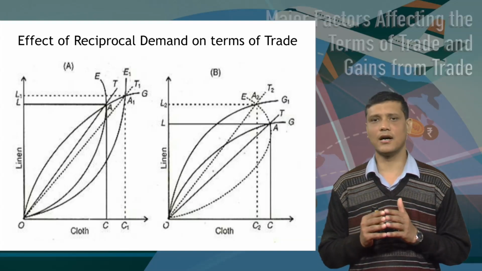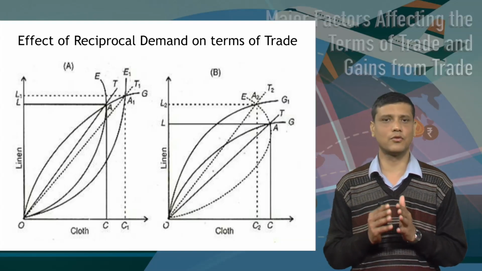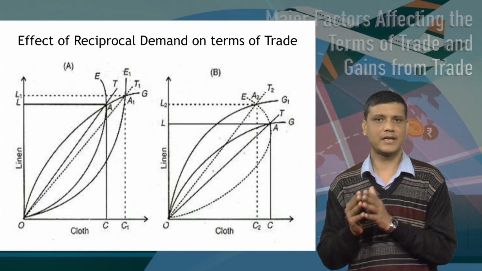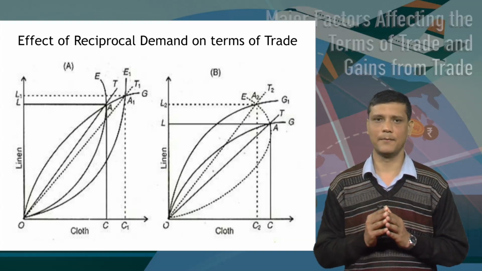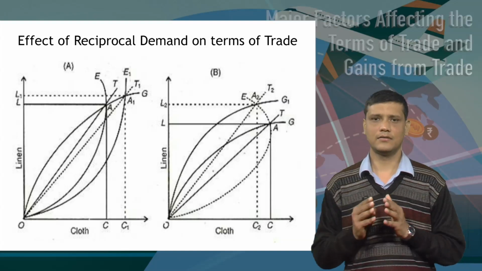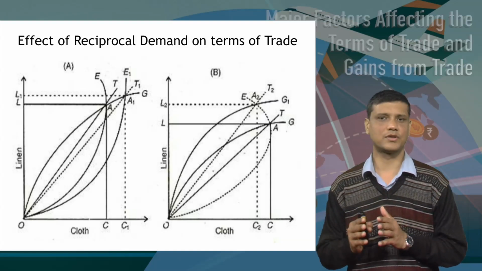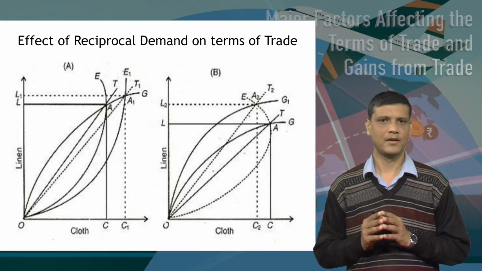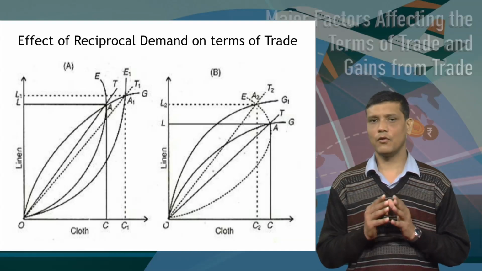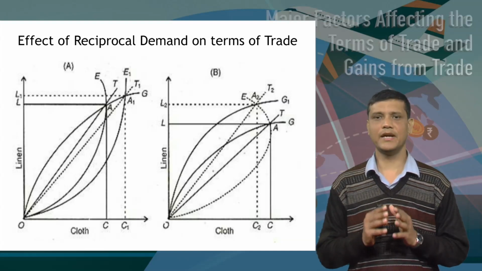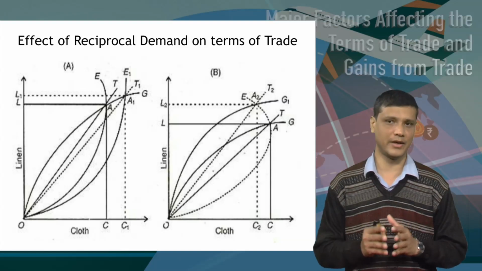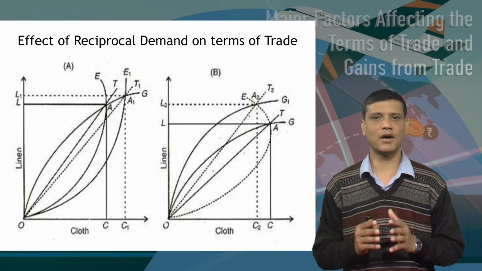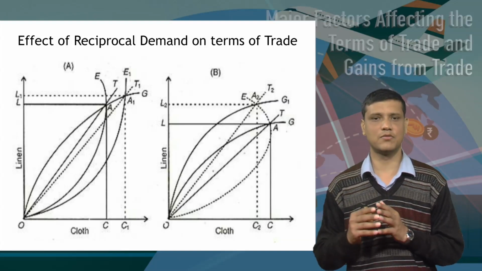When the OZ curve of Germany shifts to OZ1, it cuts the OE curve of England at A1, and the terms of trade line is OT1. Germany's offer curve OZ1 being inelastic in relation to England's offer curve OE, Germany's demand for English cloth is more intense than before.